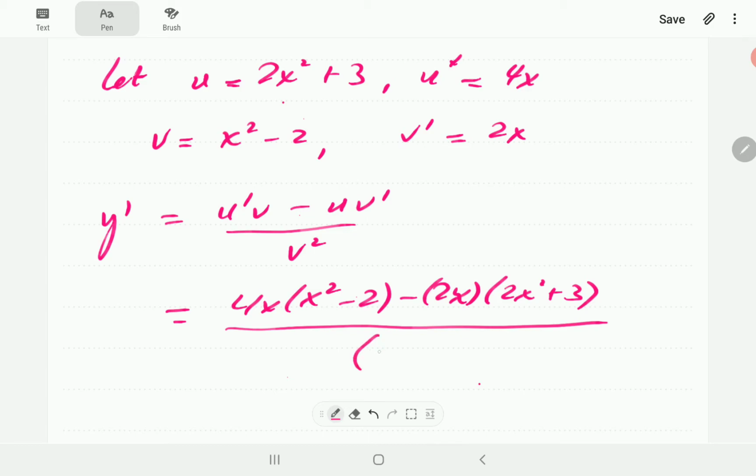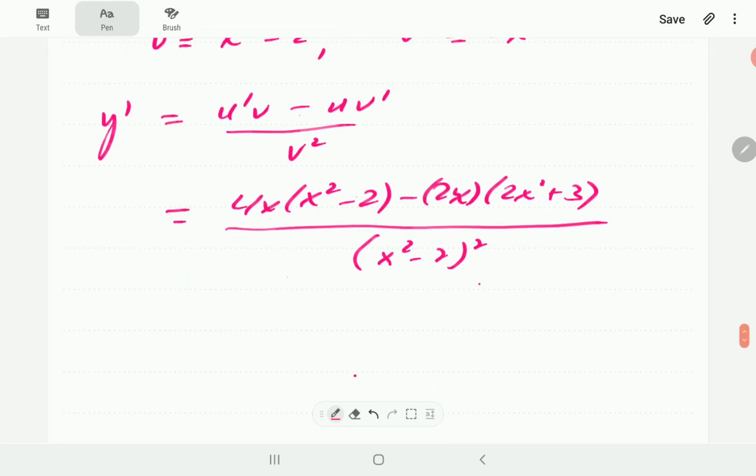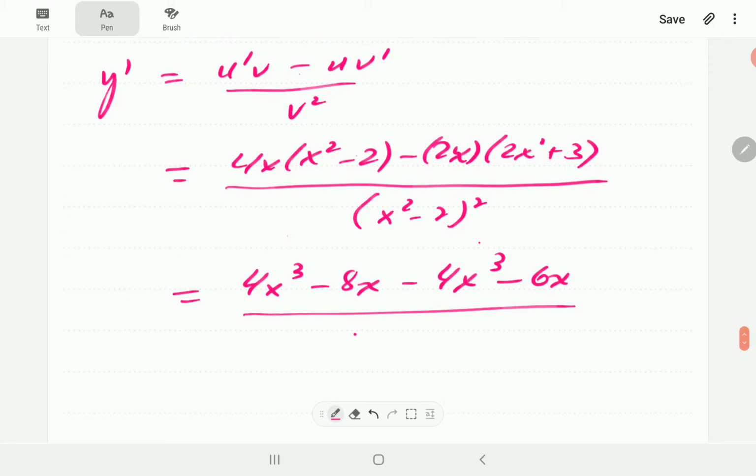So this is all divided by x squared minus 2 all squared. Removing the brackets is going to give us 4x cubed minus 8x, then minus 4x cubed minus 6x, all over x squared minus 2 all squared.